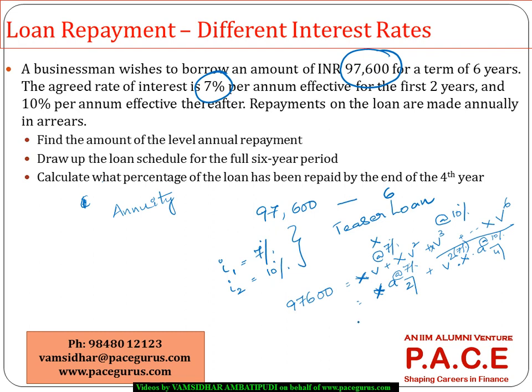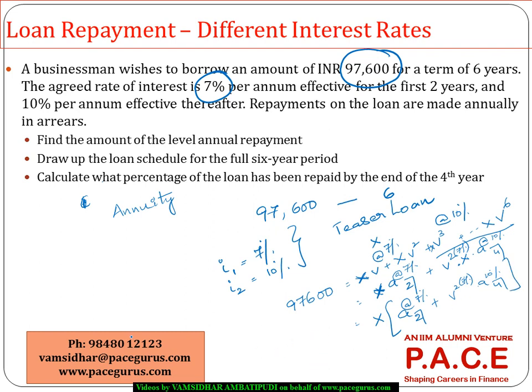So at least here I am talking about X into A2 at the rate of 7% plus V squared at 7%, A4 at 10%. These are the numbers.